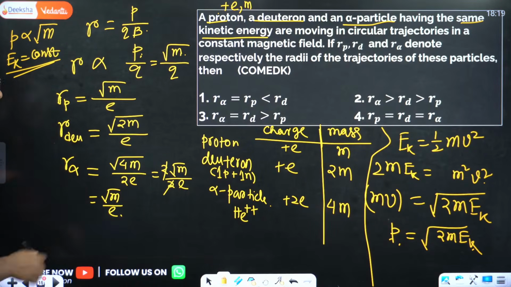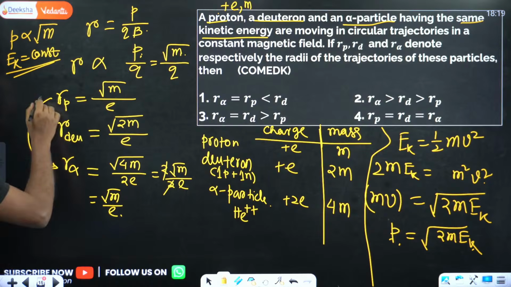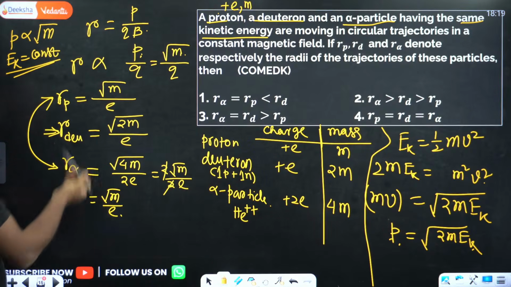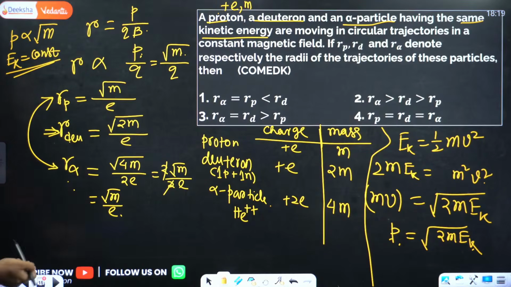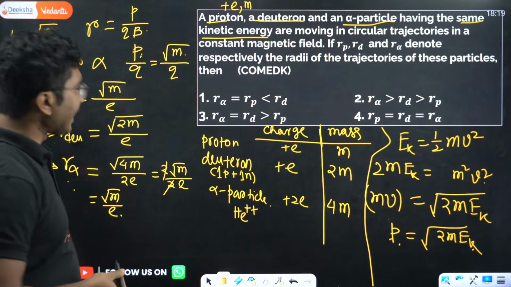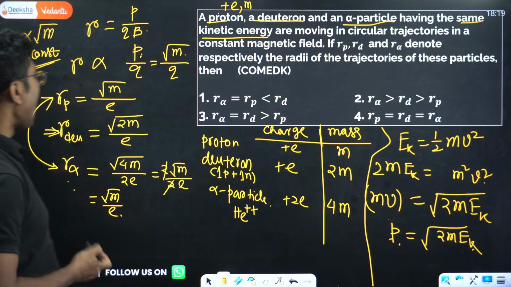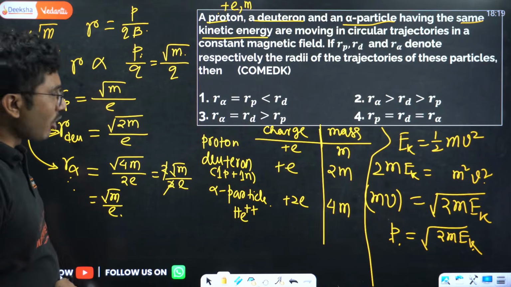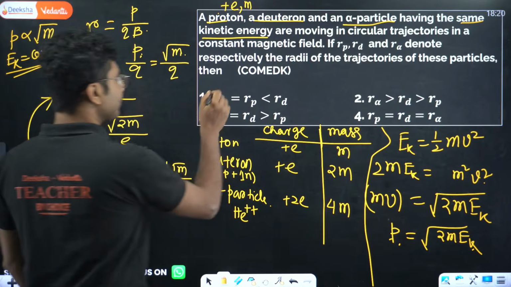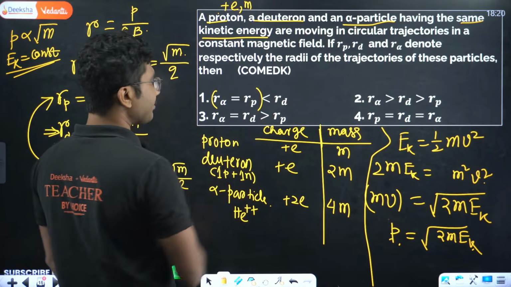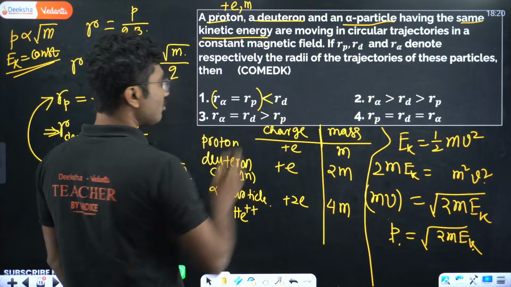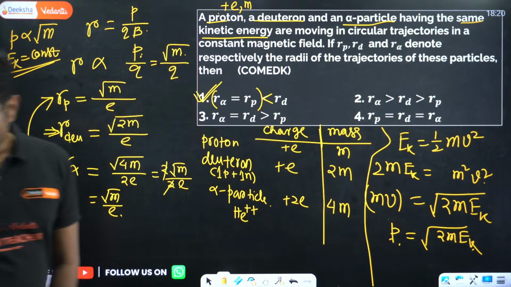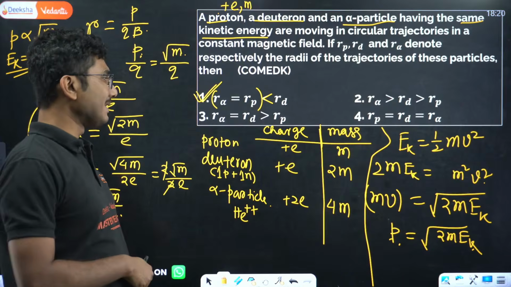So if you see, these two are equal, this is bigger. That means R alpha and R proton are the same, and they are smaller than that of deuteron. If you see the options, R alpha equals Rp and they are both smaller than Rd, so option 1 is correct.